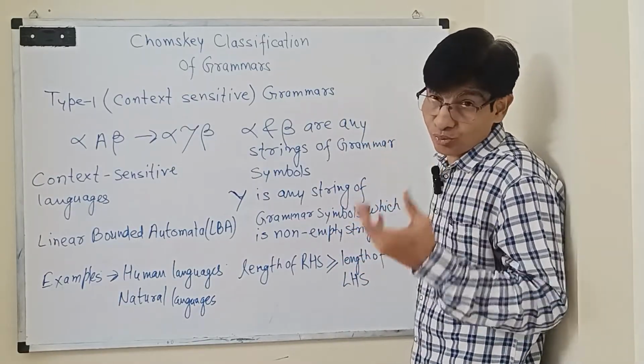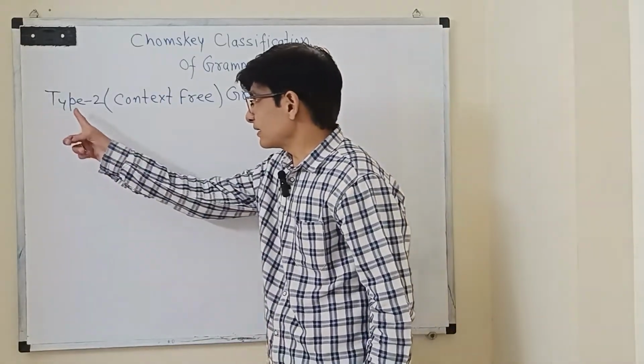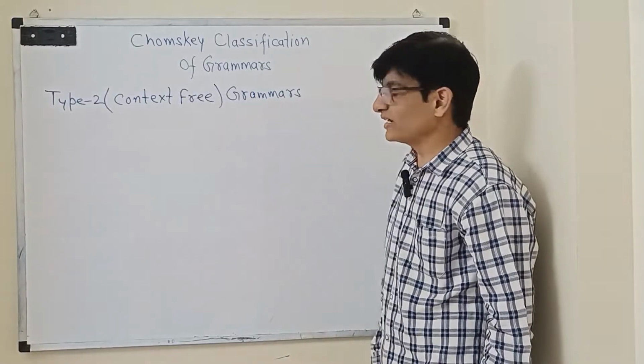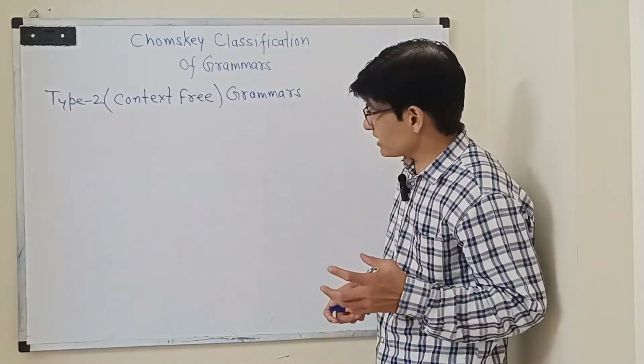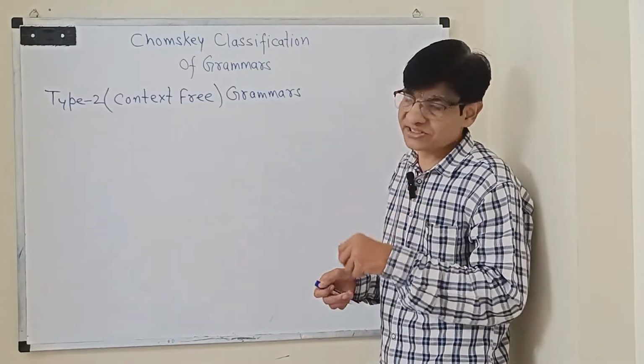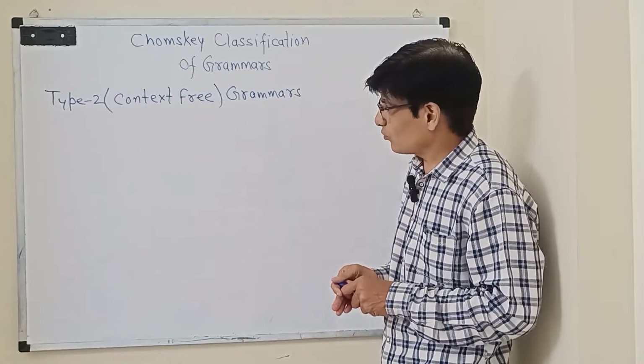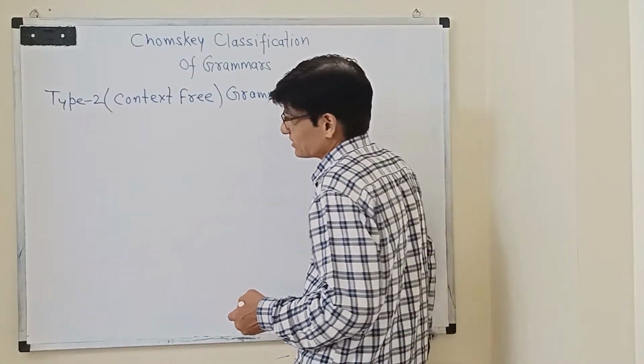Now we will move to the next class. The next class of grammar is type 2 grammar or context free grammar. In this, again we will apply some more restrictions on the production rules, and I will discuss what these restrictions are.